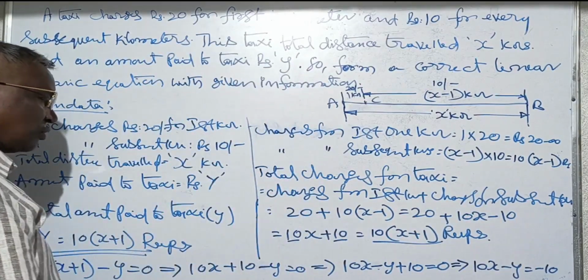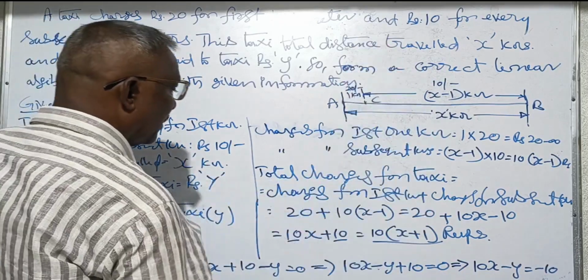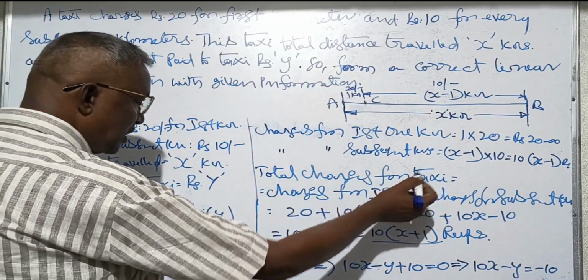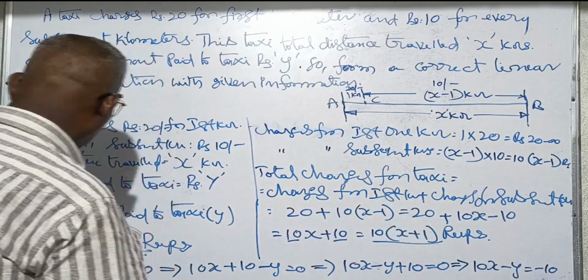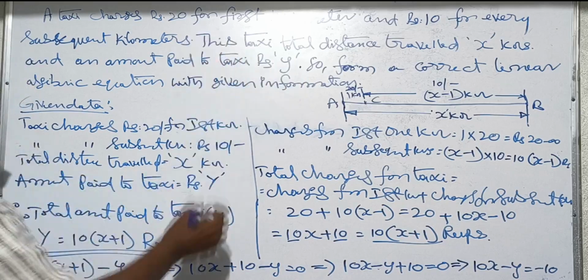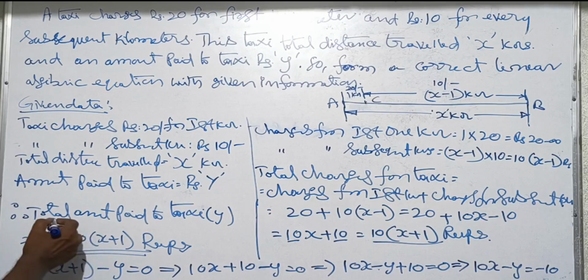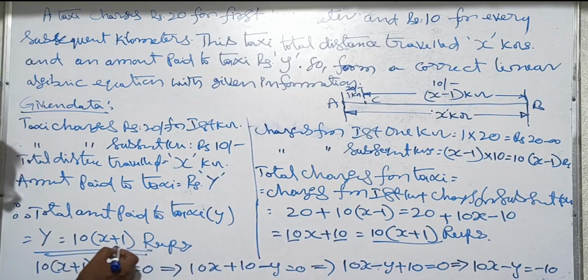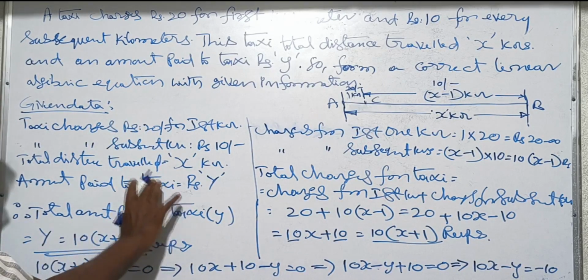This is the total charges paid to the taxi. But the amount paid to the taxi is y. Both are equated: the total amount paid to the taxi y is equal to 10 into x plus 1 rupees. So this is the linear algebraic equation with the given data.